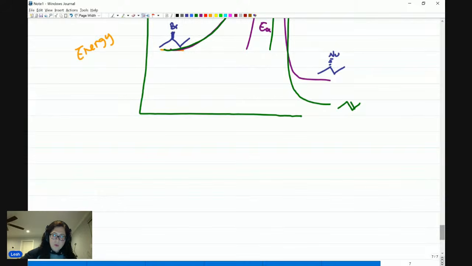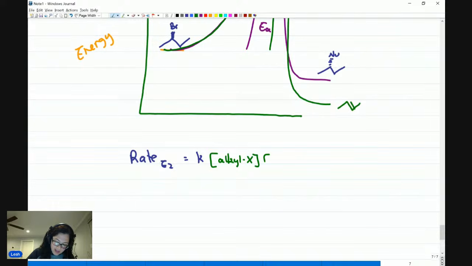I could talk about substitution elimination for hours, but no time right now. The rate of an E2 reaction is some constant K times the concentration of the alkyl halide, which I'll call alkyl X, and the base.